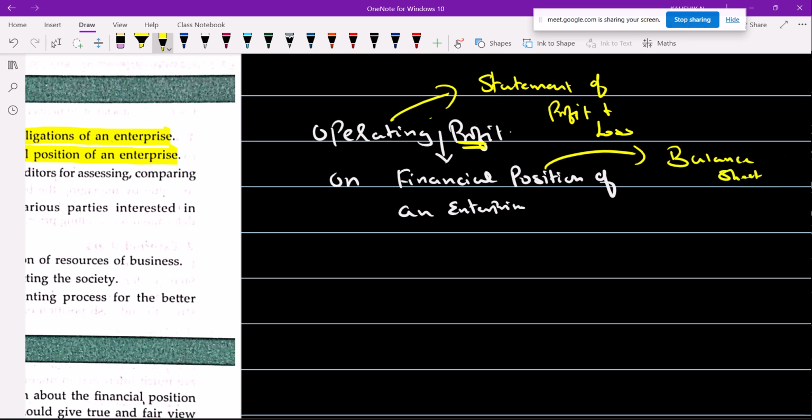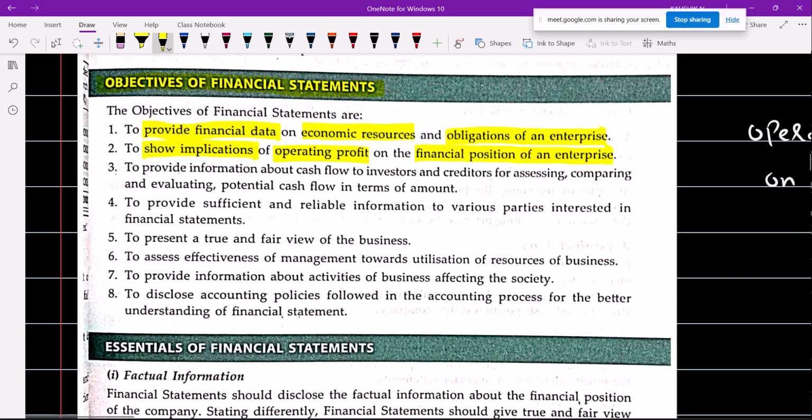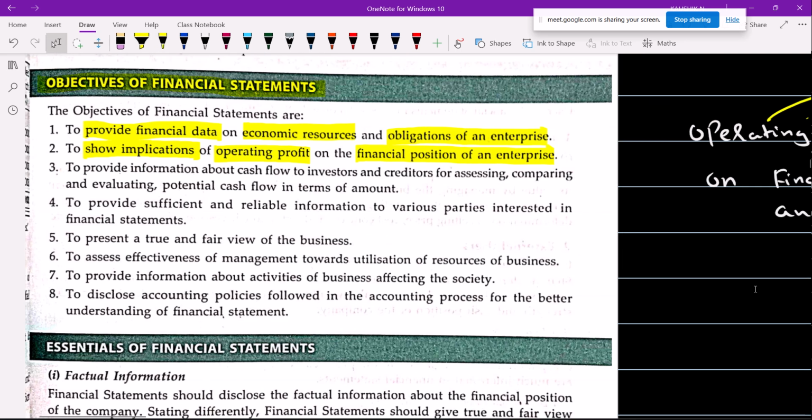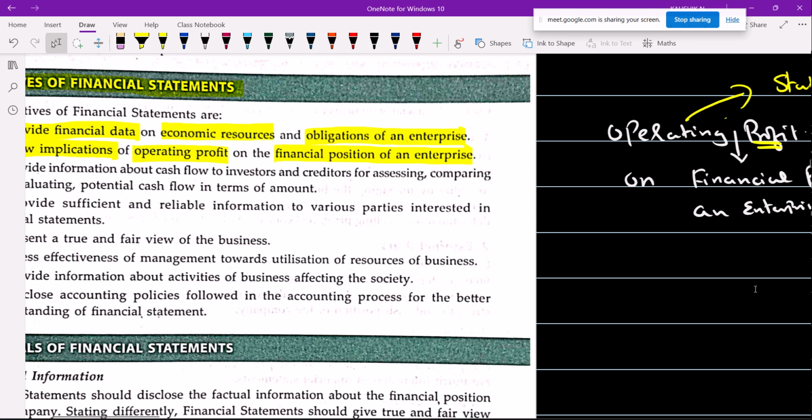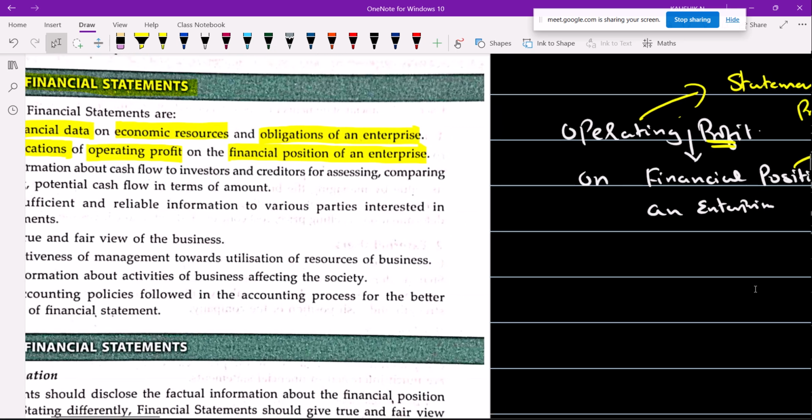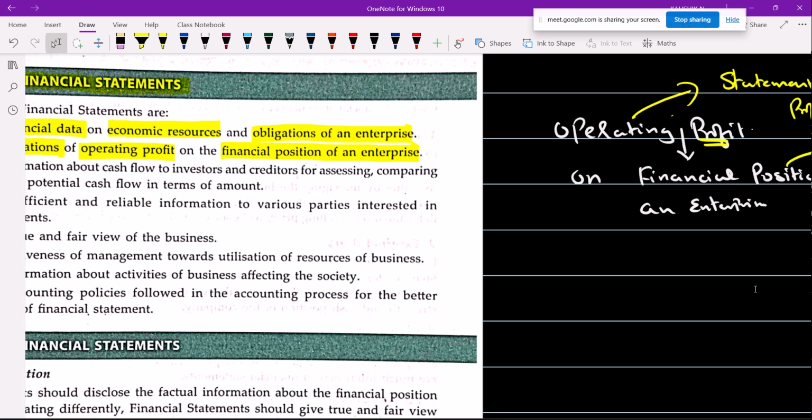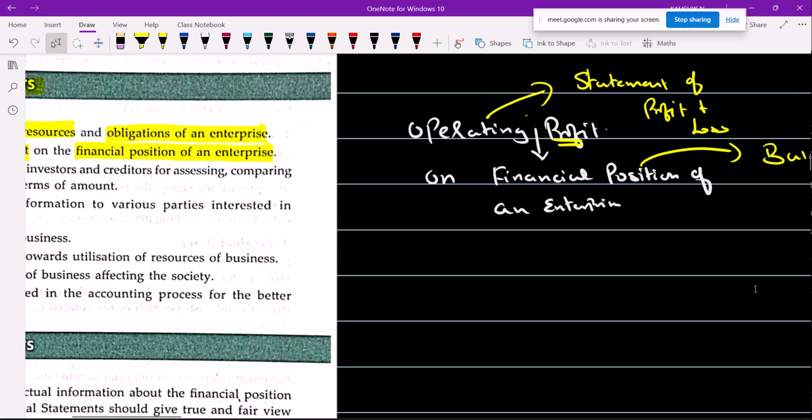Now you just see what I'm trying to say. It will show the impact of your operating profit on the financial position of an enterprise. That means once you get the net result from the P&L account, it will be shifted to your positional statement, that is, your financial position, the balance sheet of an enterprise. So it gets either added or deducted depending upon the net result.